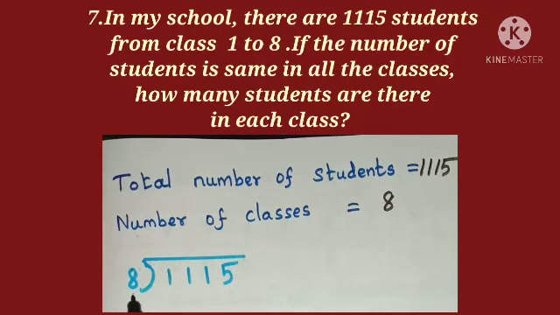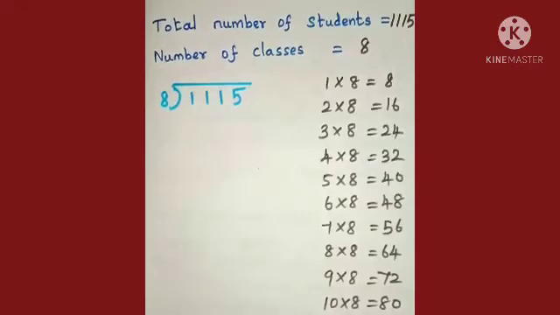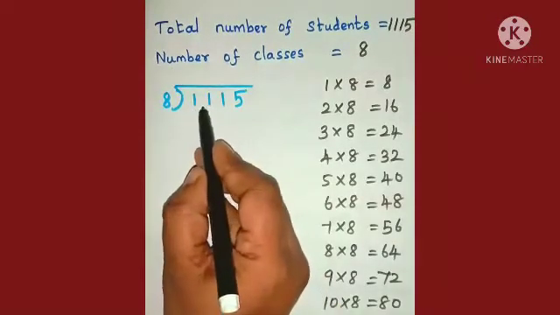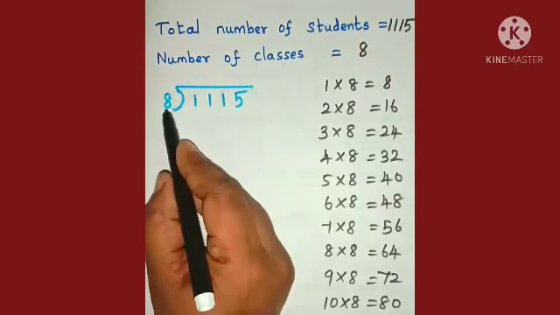So to make the problem easy, let us write the table of 8 at the corner of your page. Now let us do the long division method. First you have to take the first digit in the dividend, 1, which is smaller than the divisor.